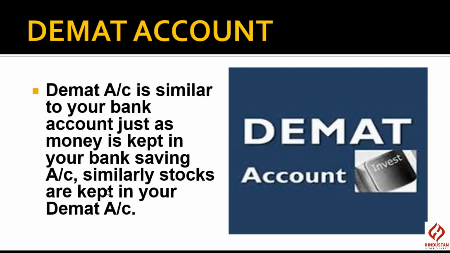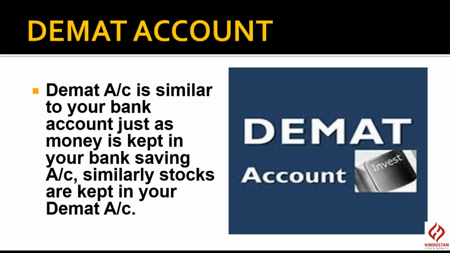The next term is demat account. This is again one of the most frequently used terms. Demat account is the short form of dematerialized account. It is similar to your bank account. Just as money is kept in your bank savings account, similarly, stocks are kept in your demat account. In earlier times, people used to have paper certificates for stocks.